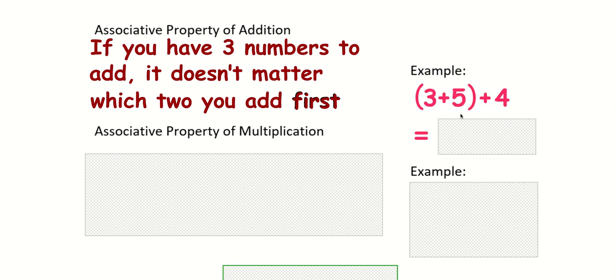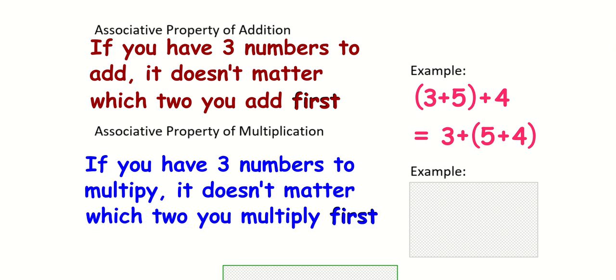So if we had 3 and 5 and 4, and we're just looking to add them all together, it doesn't matter if you add the 3 and the 5 first, or the 5 and the 4 first. So this is the associative property. It doesn't matter which 2 you add first.